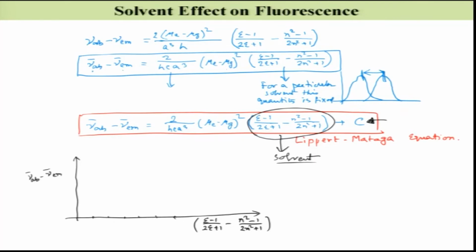I will get a straight line. This is a straight line equation, y equal to mx plus c. So I will get a straight line with an intercept of c, and the slope will be equal to 2 by h c a cube into mu e minus mu g whole square, right.